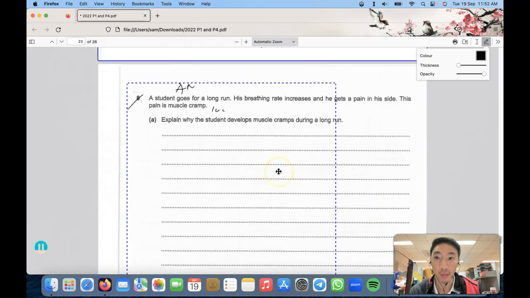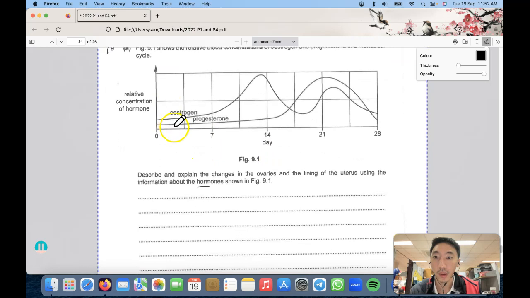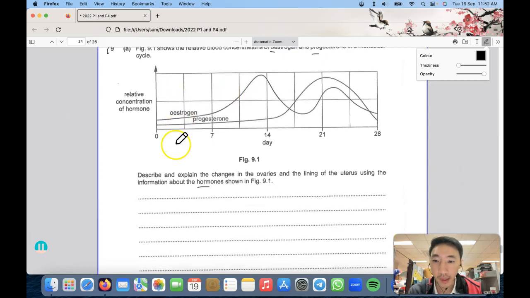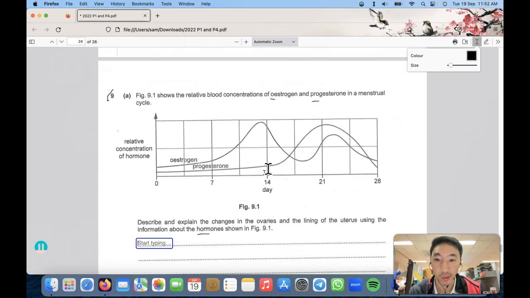Now let's talk about question 9. We have blood concentration of estrogen and progesterone. So estrogen is at the start, progesterone is later. Then describe and explain the changes in the ovaries and the lining of the uterus using the information. So these are must use information.